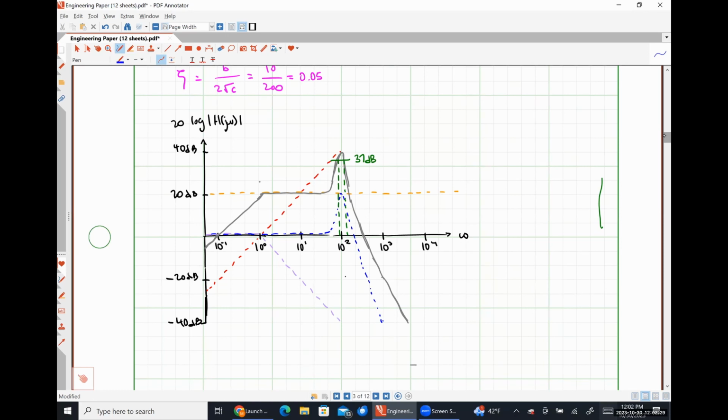Whereas when we had a simple pole, we go out to our break frequency, 0 decibels until we hit the break frequency, and then it's decaying at a slope of negative 20.